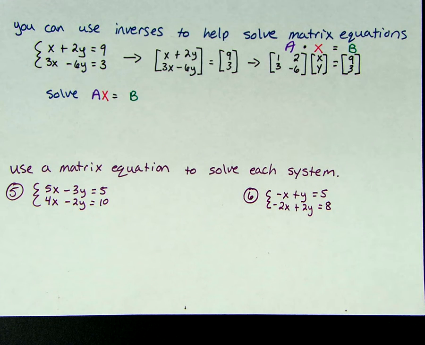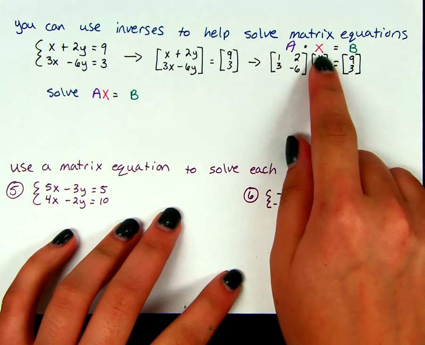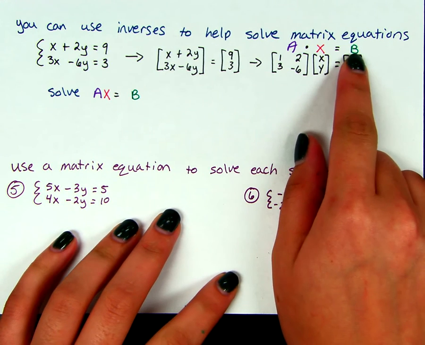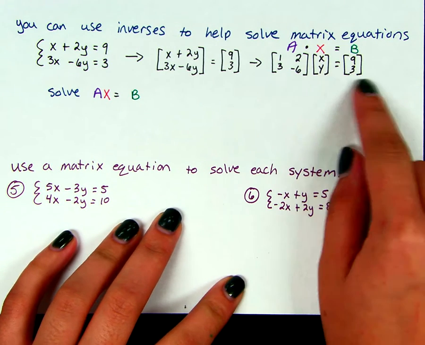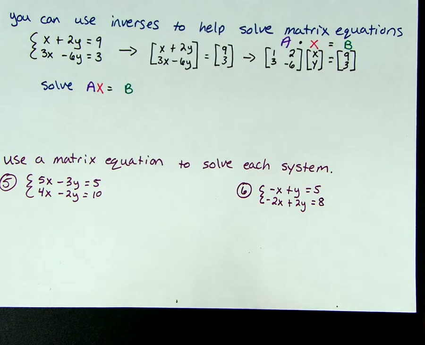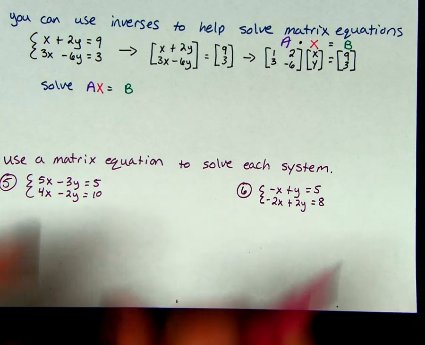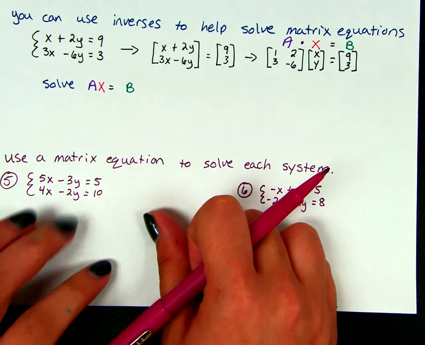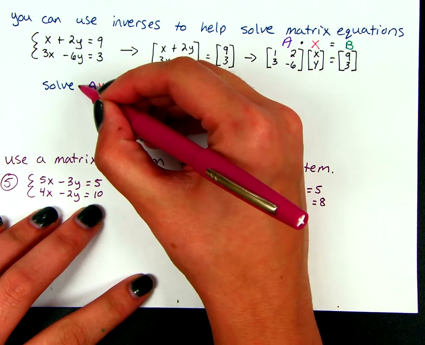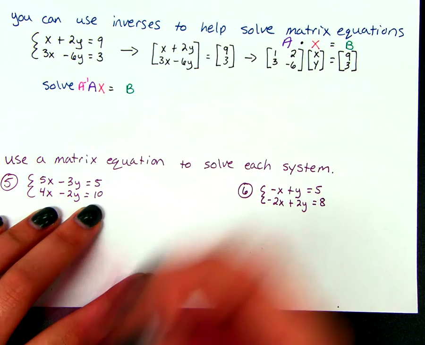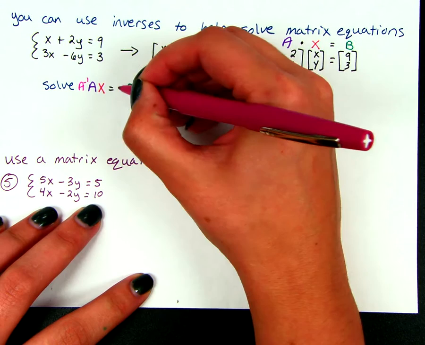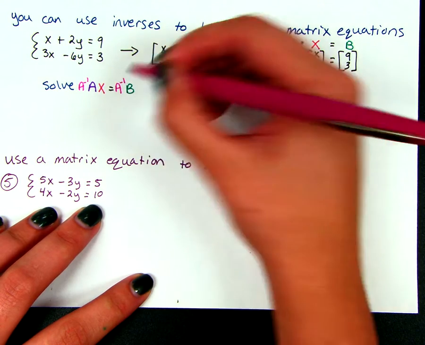So a matrix equation, we would have a matrix times a variable equal to another matrix. This is just a very simple matrix equation. Whenever we solve an equation, to get the variable by itself, we always have to use the inverse. So for this problem, I have to multiply each side by the inverse of A, and we always want to multiply on the left side.